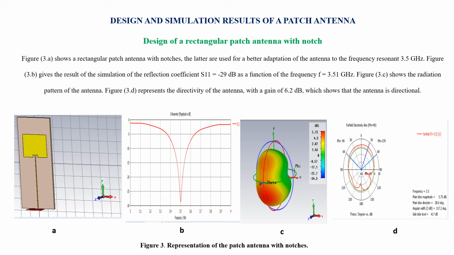Figure 3c shows the radiation pattern of the antenna. Figure 3d represents the directivity of the antenna with a gain of 60.2 decibel, which shows that the antenna is directional.